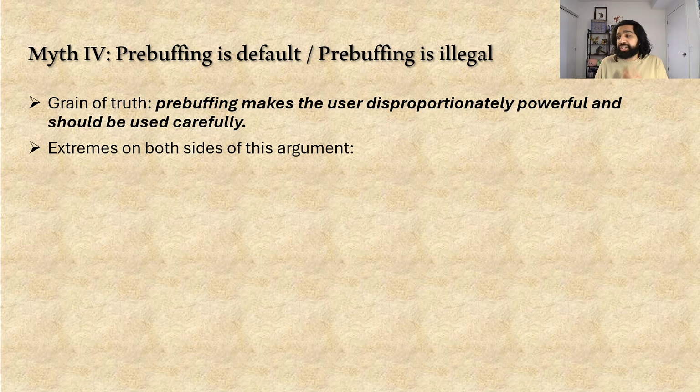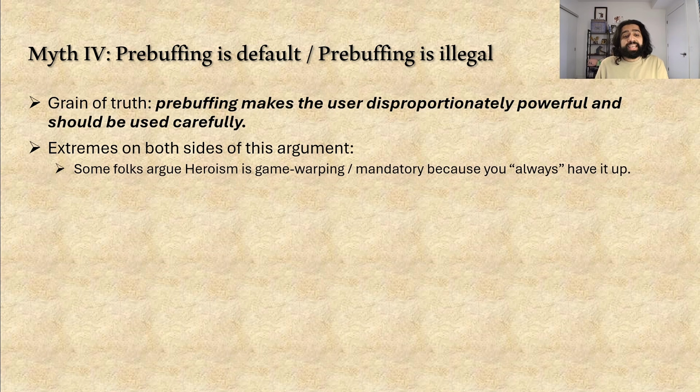Like I said, there are extremes on both sides of this argument. Some folks argue that spells like heroism are game warping or mandatory because you always have them up. Because every combat is an enemy who waits patiently behind closed doors, so you just cast it on your friends and then open that door, right?